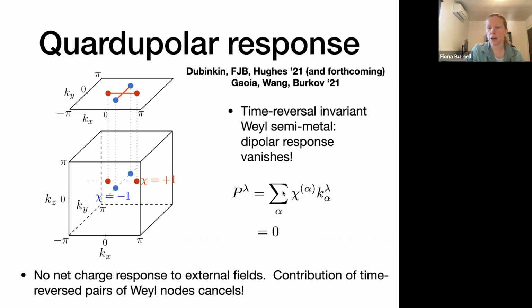In the presence of time reversal symmetry, you necessarily get this quadripolar pattern because the dipole response of your system vanishes. What that tells us is that there's no net charge response to external electromagnetic fields, and that's basically because the contributions to the charge response of these time reversed pairs of Weyl nodes actually cancel.